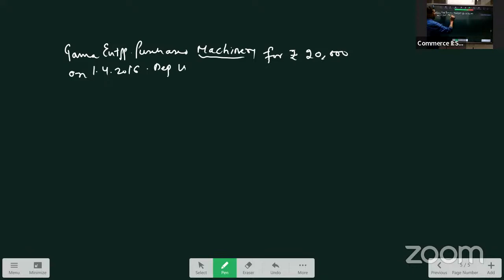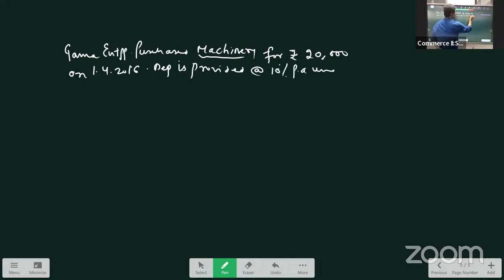Depreciation is provided at the rate 10% per annum under diminishing balance method. See, I am taking 10% every time, but it is not necessary that every time you get 10% only, but most of the time you'll get 10%.